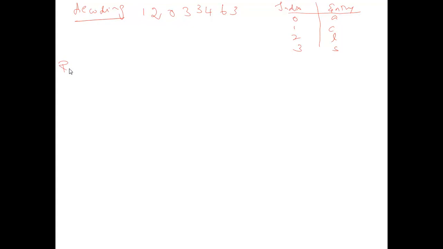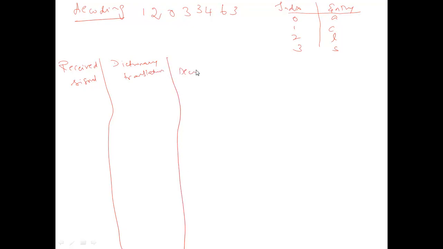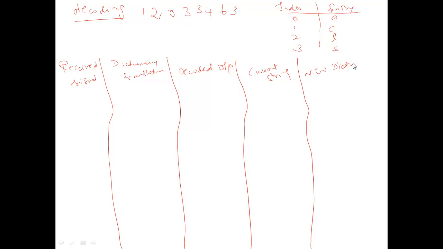As usual, in the tabulation, the received signal is the first line, then dictionary translation, decoded output, current string, and new dictionary entry. So the decoder has only 4 entries so far.